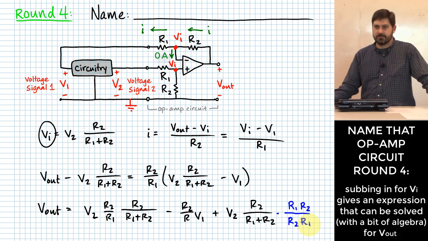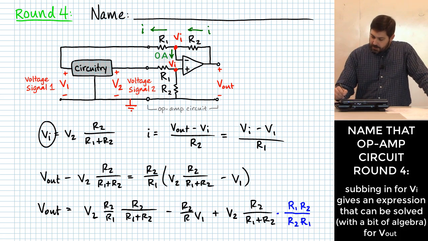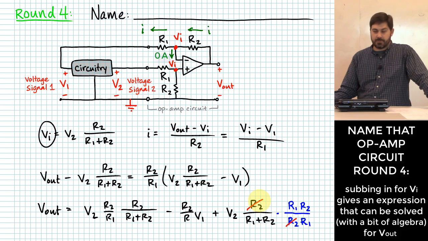Is that allowed? Why is that allowed? That's a really fancy way of writing the number 1, so I am certainly allowed to do it. By writing it that way, it becomes obvious that I can eliminate this R2. I can divide that out.